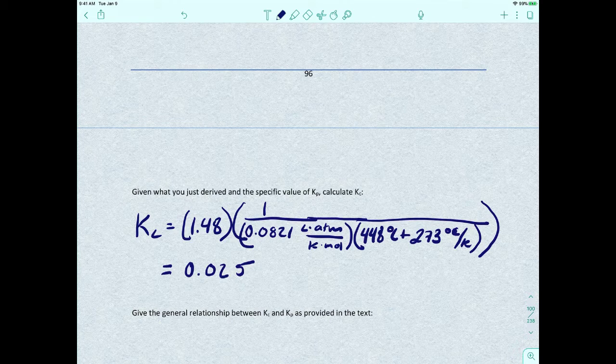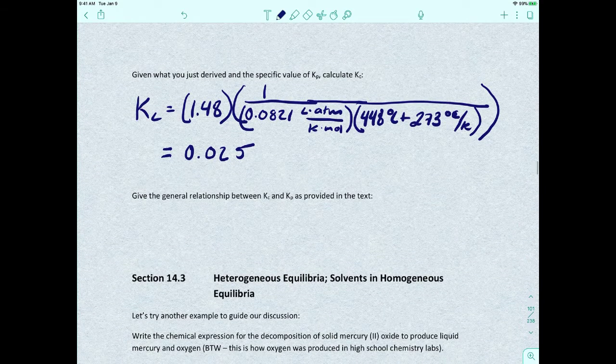All right, so we just derived for this particular reaction a way to start with a Kp value and then calculate Kc out of it. So there's a relationship here between Kc and Kp. What we just did works for only this problem.